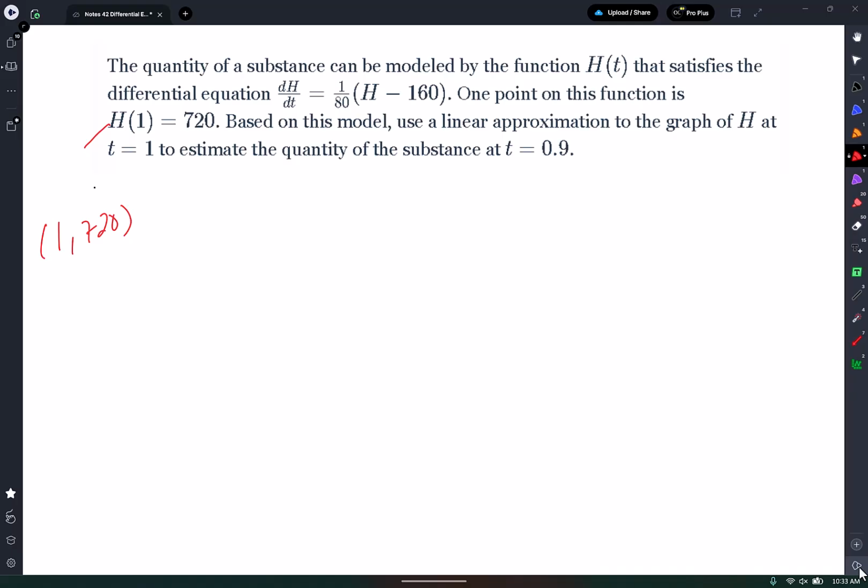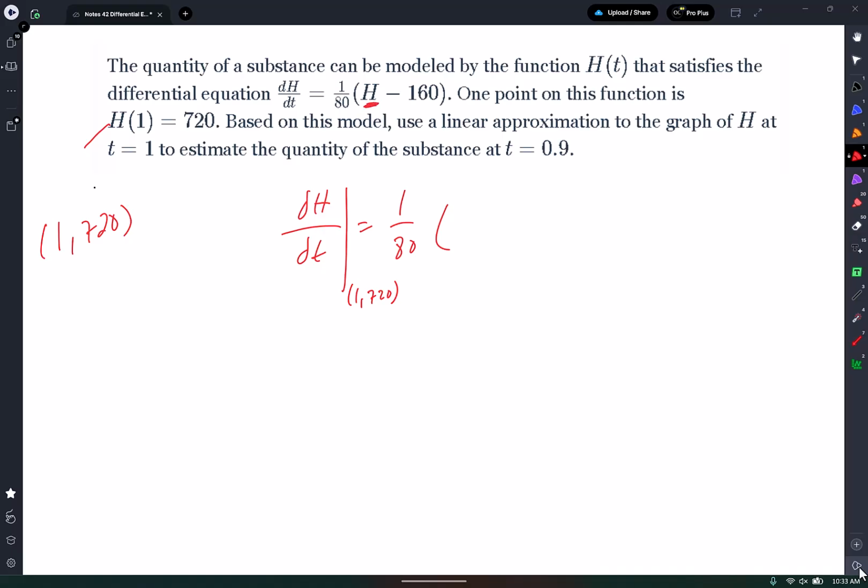Okay, I want a tangent line, point and slope. Here's my dh/dt equals 1 over 80 times parentheses, and I'm solving for this when h is 720. 1 comma 720.